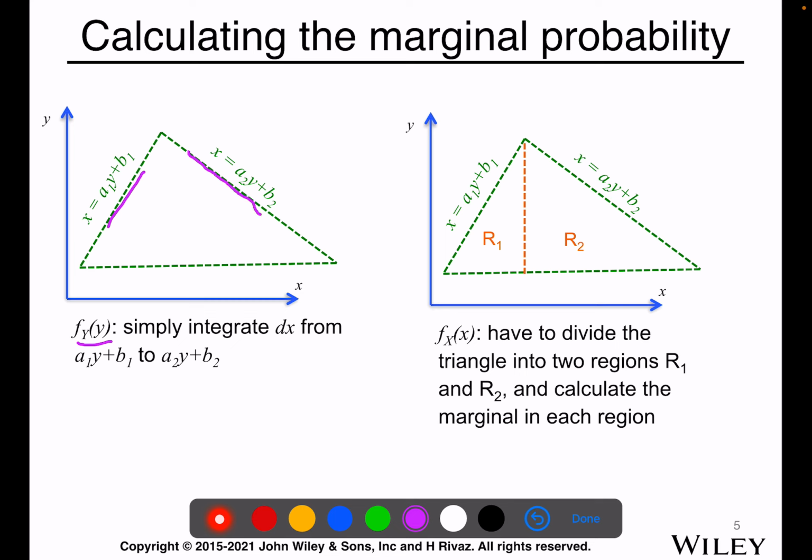But if we want to calculate the marginal probability of x, it means that we have to integrate with respect to y, and I have to divide my region into two regions, region 1 and region 2. At the end, my f of x will have a form like this. So f of x will be 2 parts: some function in region 1 and some other function in region 2.